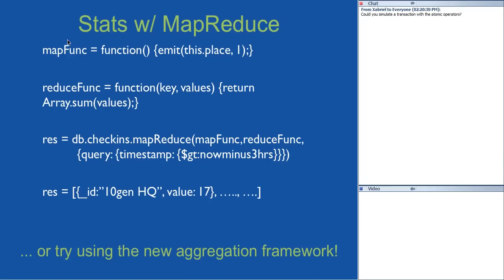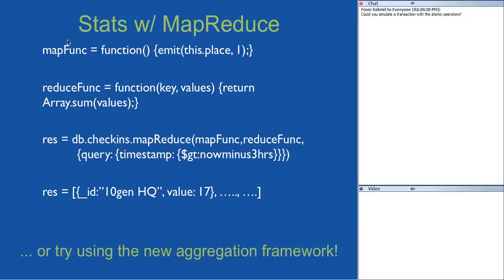So here's an example of a very simple MapReduce, where the map function is going to go through all the places in the check-ins collection, and for every place it finds, it's going to emit a 1, i.e. we're starting to count here. For every place that we find, like 10gen headquarters, we're going to add a 1, so that eventually we get totals of all the check-ins. Then when we run the reduce function, it returns the sum of those values.